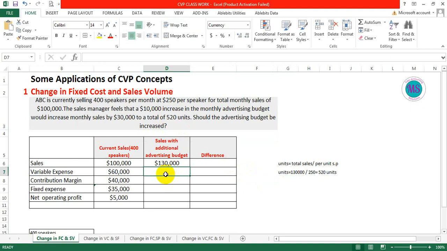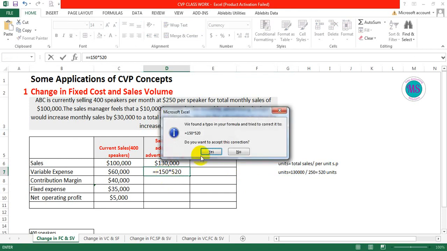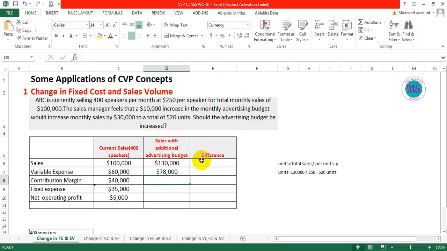Now how will we calculate the variable expense? The per unit variable expense was 150 and the units were 520. What did we get? We got 78,000. Sale minus variable expense gives the contribution margin. What about fixed costs?